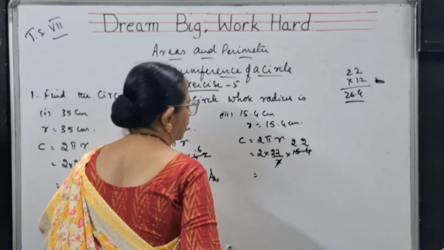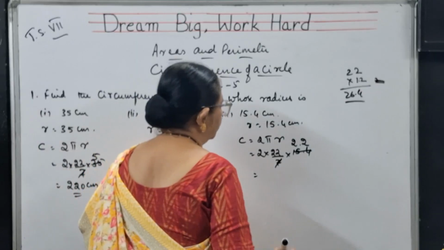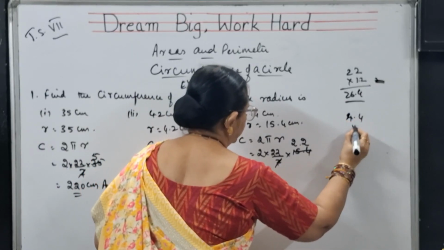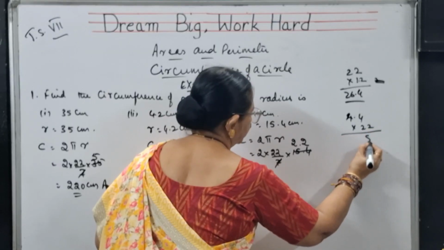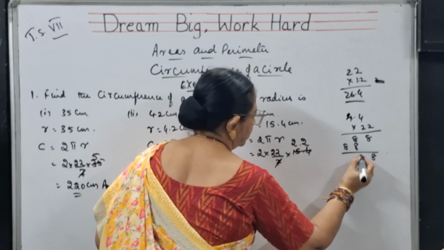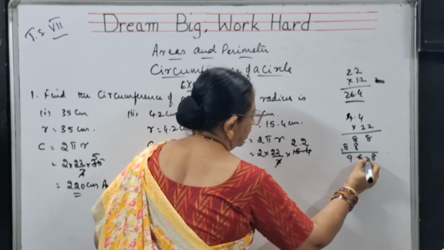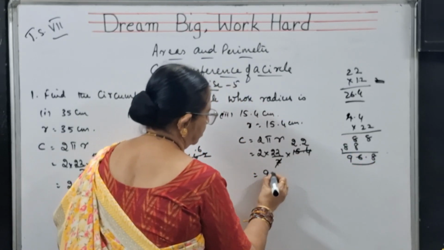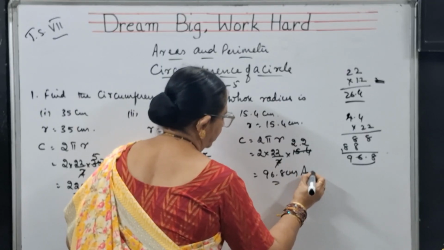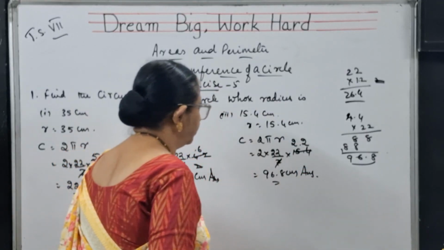So this is 22 into 2, 44, that is 4.4. So 4.4 into 22. 2 fours are 8, 2 fours are 8, 8 and 8, 8, 16, 9, 96.8 centimeters is the answer for this problem, children.